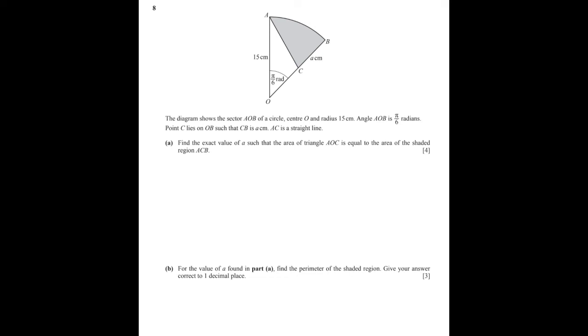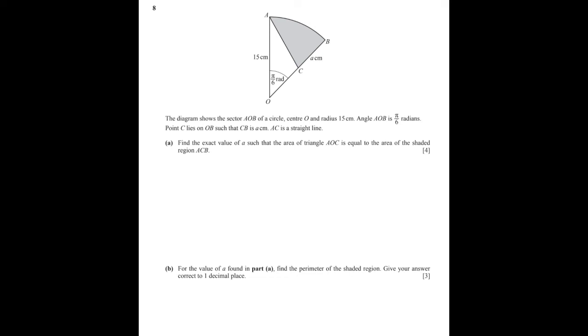Okay, so let's look a little closer here. We've got this sector split into two pieces. One is a triangle, and the other one is a leftover shape, doesn't have a name.